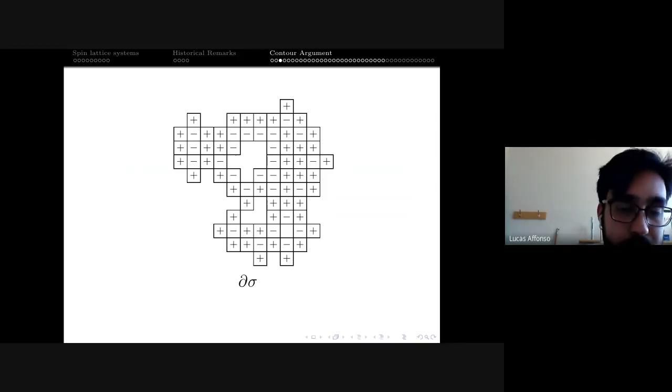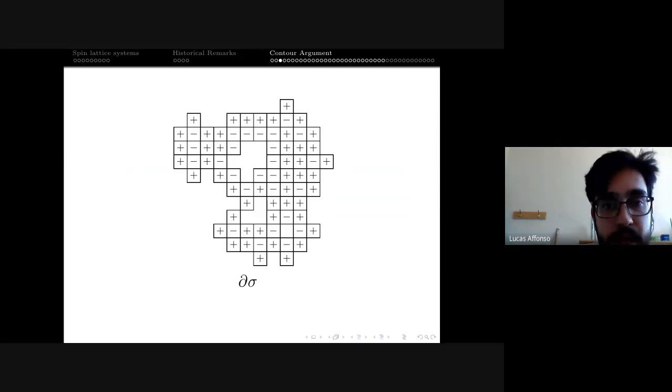If you extract all the correct spins, you get something like this, and this figure is the boundary of the configuration. This notion of incorrectness is more usual in the Pirogov-Sinai theory, and we base our contours on it in this case.